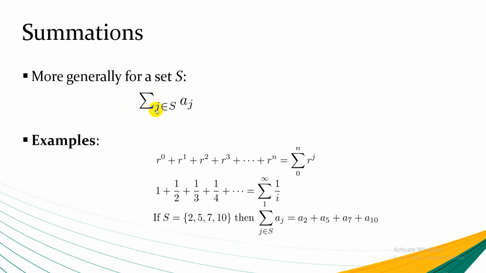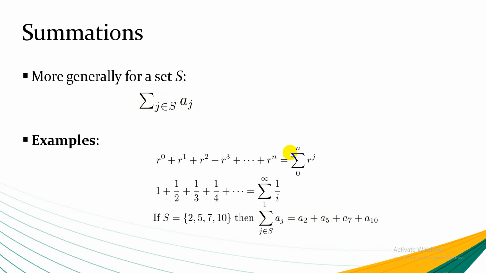It will just be equal to all the elements in the set S. So for example, if S is equal to {2, 5, 7, 10}, this will be equivalent to a_2 plus a_5 plus a_7 plus a_10. So it will be equivalent to this expression here.